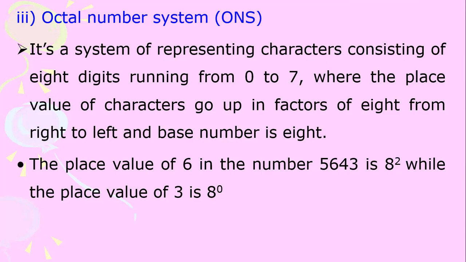And therefore, to get the place value of our least significant digit, which is 3, it simply means we shall multiply 3 with 8 raised to power 0.